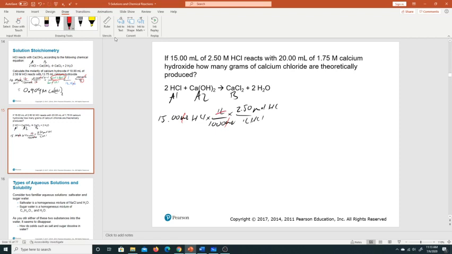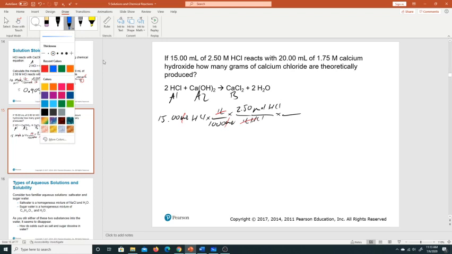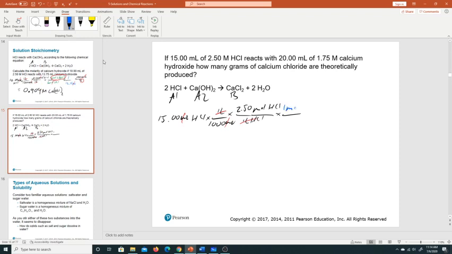That makes liters cancel out. Now you have moles of HCl. Now we use the mole ratio. It's always B over A. So the number in front of calcium chloride is a 1. 1 mole CaCl2 over 2 moles HCl.